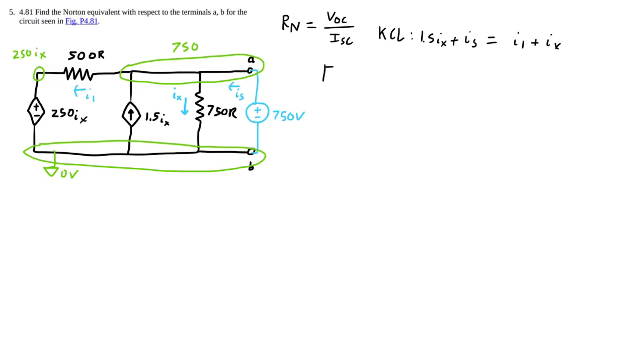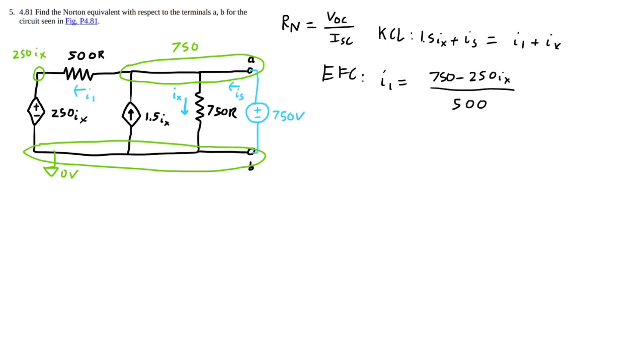So let's do the equations for components. We only have 2 here. I mean, there's 4 components, but the other ones we already accounted for in the KCL and the ground reference. So let's do I1 equals 750 minus 250 IX over 500.